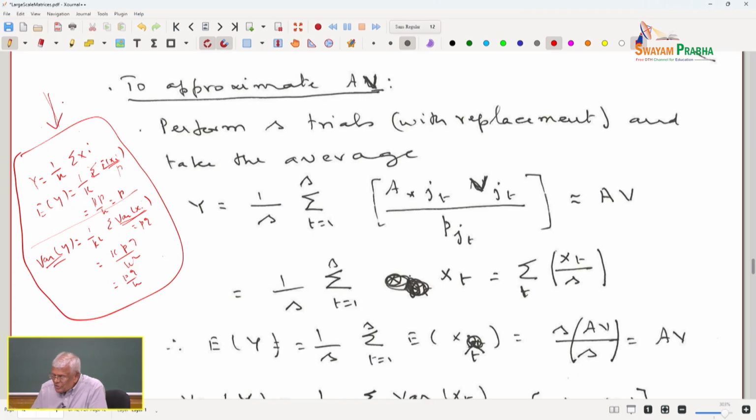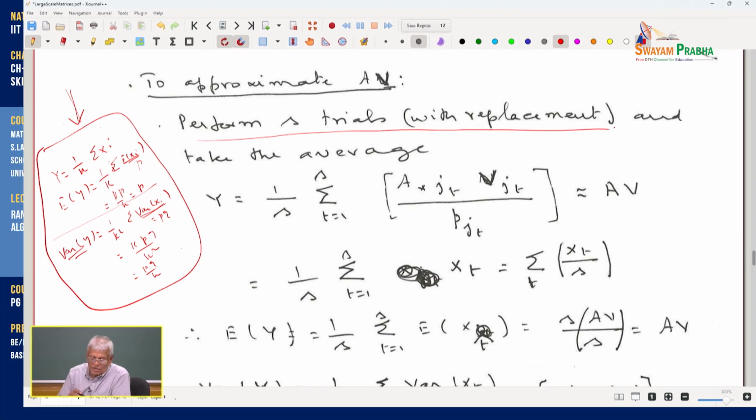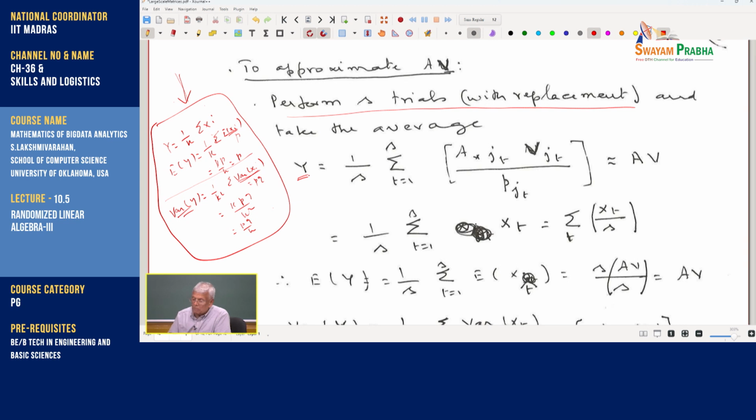The further reduction of the variance can be obtained by performing S trials with replacement. This is equivalent to doing multiple tosses of a coin. So, you take the average. What is the average? The average is a vector y. And what is this an average of? Average of the jth column scaled by Vj over Pj.